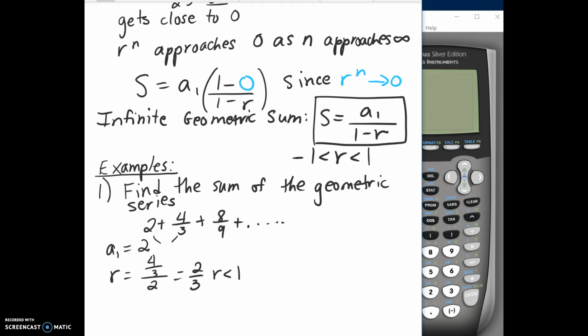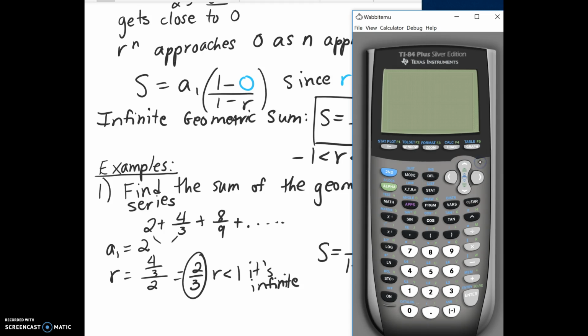Since r is less than 1, it's infinite. And therefore we're going to plug into the formula 2 over 1 minus 2/3. Now remember, for your calculator use, it might be a good idea to use the alpha y equals if you have that.